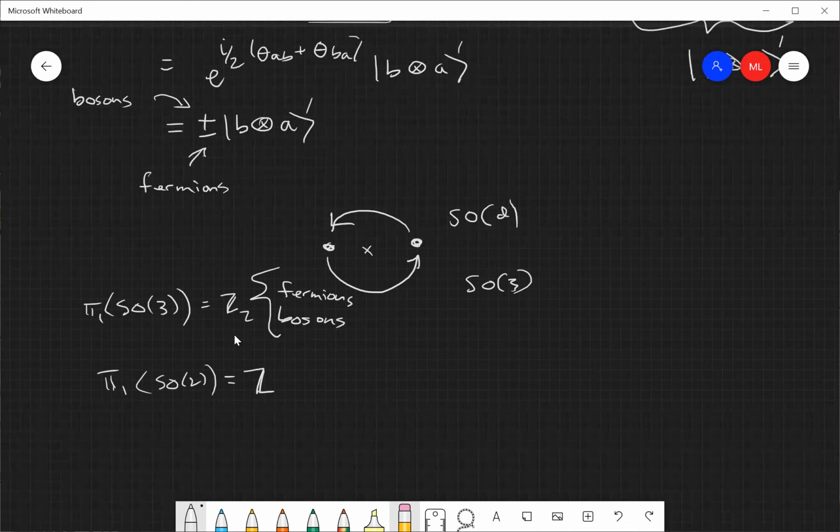And so what the fundamental group tells you is that in 2 dimensions, you actually get an infinite number of ways of doing the particle exchange. There's an infinite number of classes. And in principle, that means that when you exchange 2 particles in 2D, so this is 2 dimensions, this is 3, you can actually pick up an arbitrary phase.